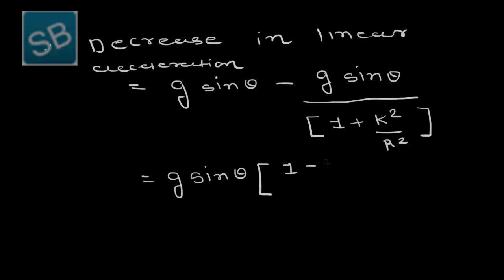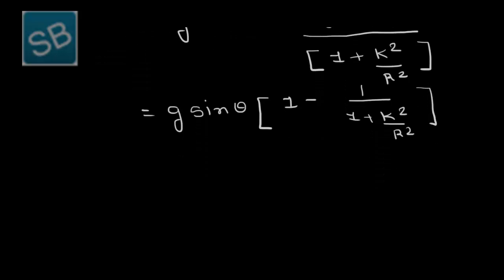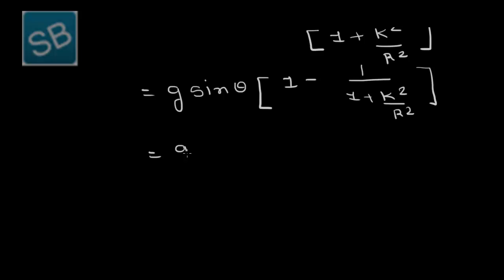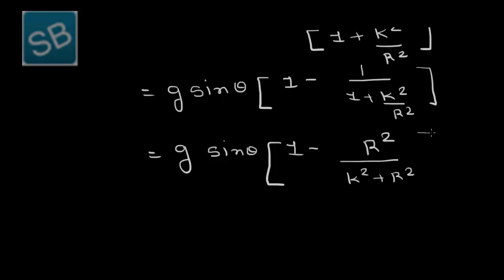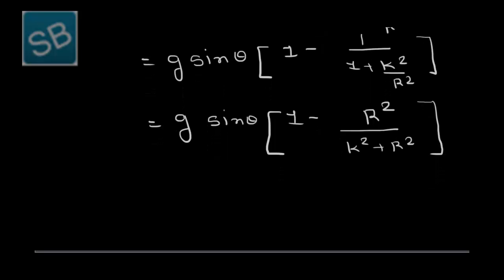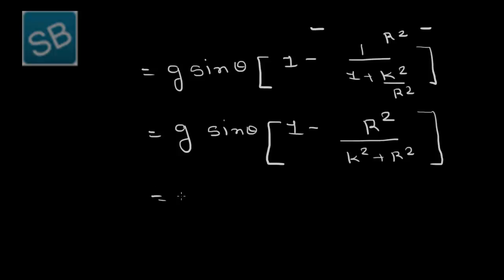So inside the bracket, 1 minus 1 over 1 plus k square over r square. So let's simplify the bracket first. It is equal to g sin theta into 1 minus r square upon k square plus r square. That is equal to g sin theta.